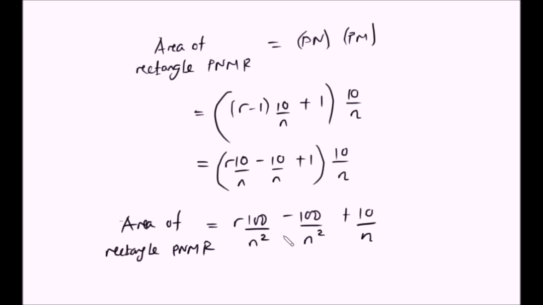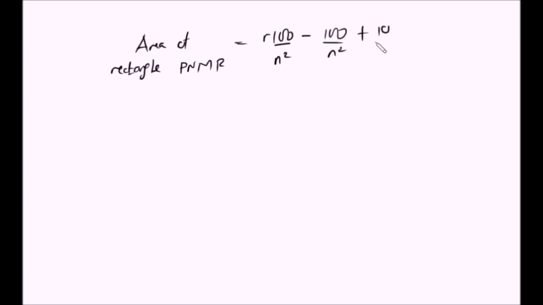Probably. Yeah, 100 over n squared, it is true. You can see 10 over n times 10 over n is 100 over n squared, minus 100 over n squared plus 10 over n.